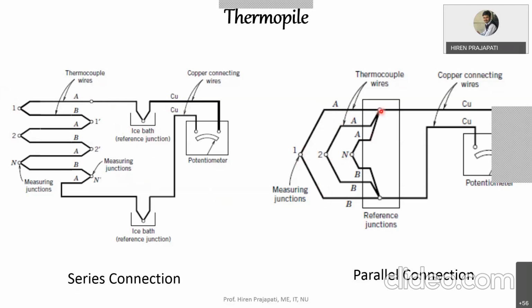They are all connected to copper lead wires at the reference junction, and the reference junction is kept as the calibrated reference junction. It can be an ice bath, which is generally used for calibration of thermocouples, right? And then again we have a potentiometer to get the voltage. So these are the two different circuits where we connect thermocouples in series and parallel connection.